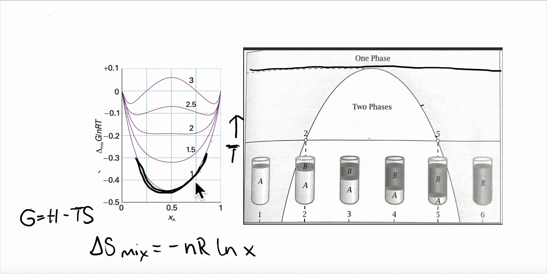So you see here when the number is 1, then it doesn't really matter because the forces between A and B are the same as the forces that they have in a phase with just one of these substances. And so when we start to get more and more repulsive forces between these two substances, we will start to get this graph.